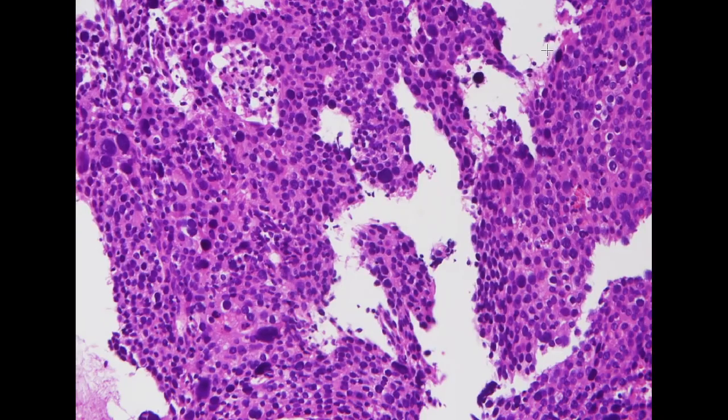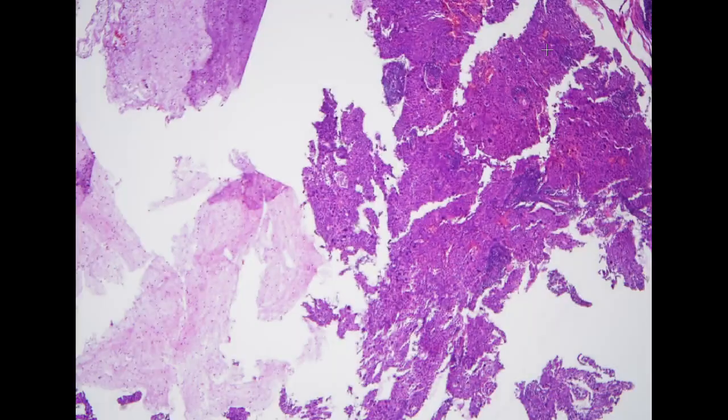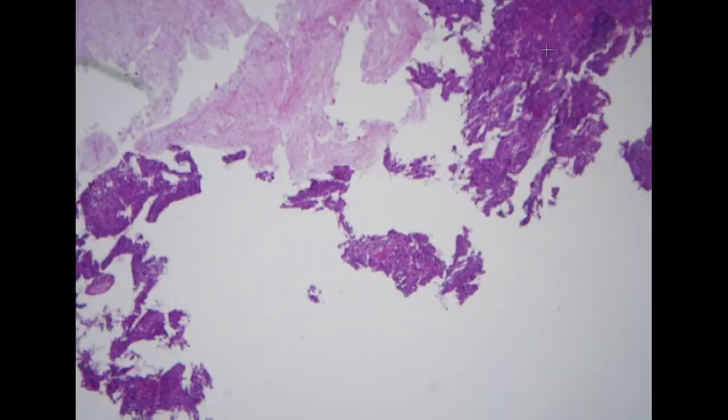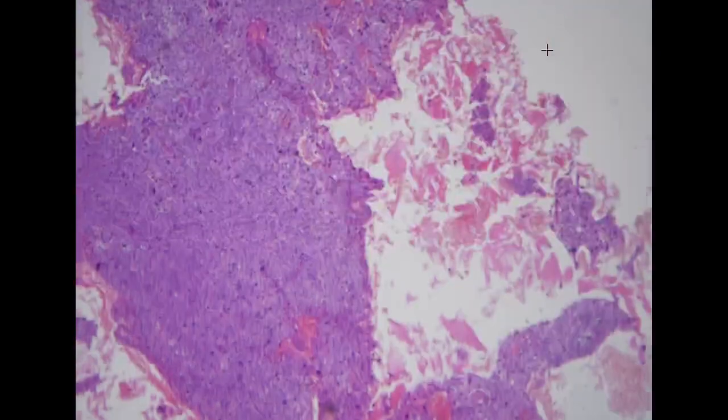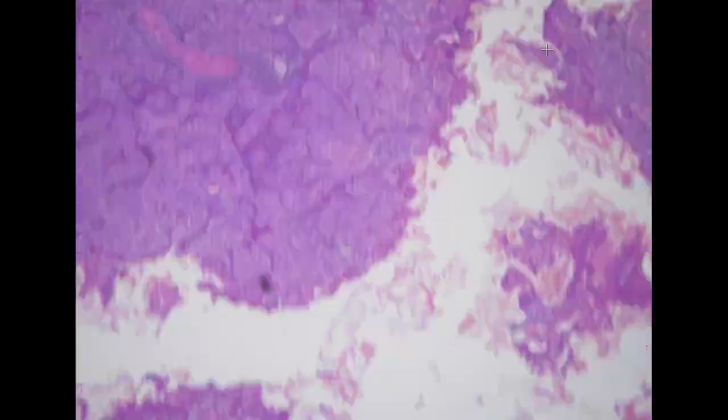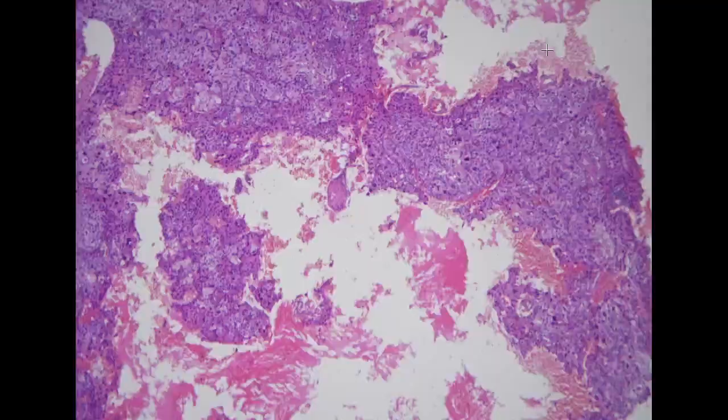We only see very, very scattered, highly degenerative hyperchromatic cells. In the D&C, there were 3 blocks of squamous cell carcinoma.